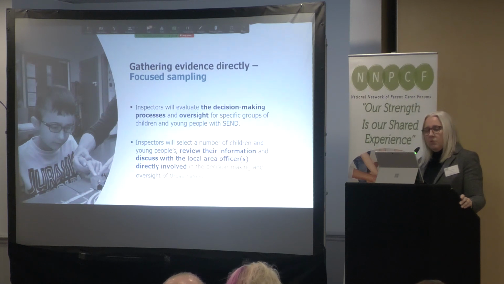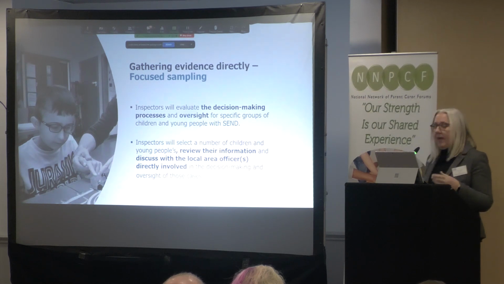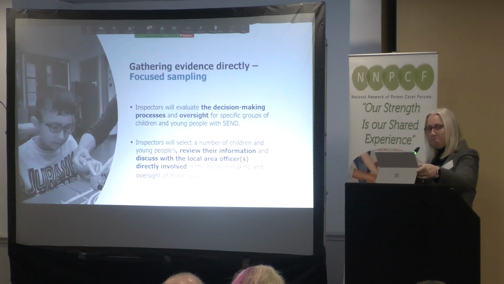And in terms of reviewing the local area's oversight for those cohorts, so we will look at things like high rates of attendance, those that are educated other than at school, home educated, those known to youth justice, so that we're focusing in on those key groups and looking at their experiences as well.